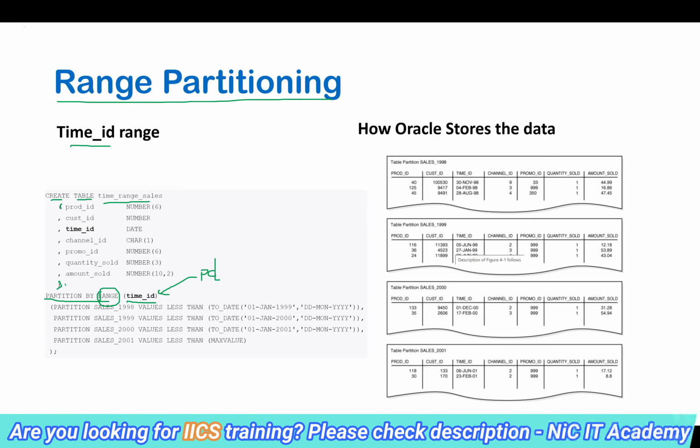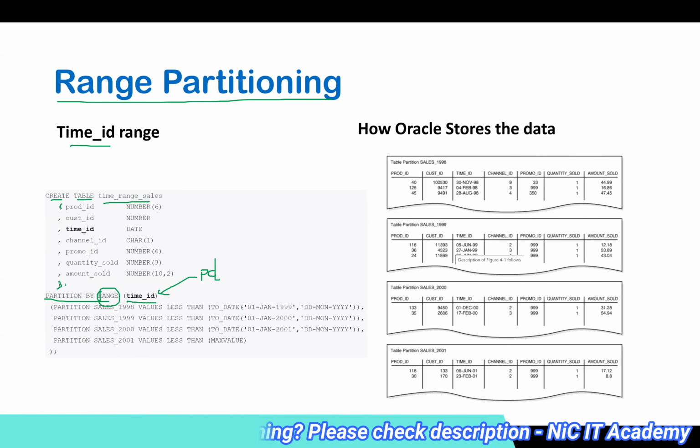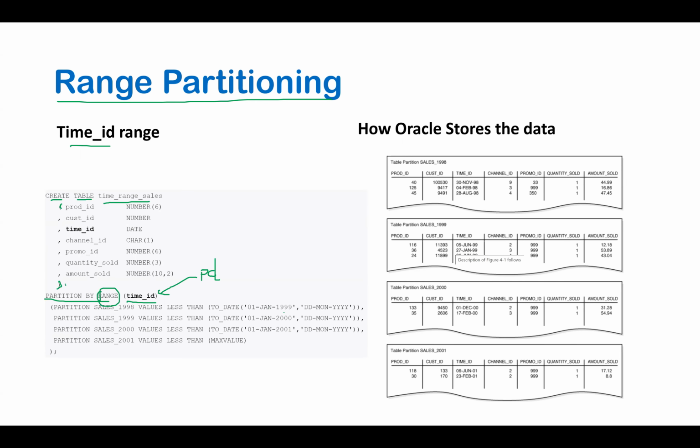How many partitions am I creating? As of now, 4 partitions. What is that? Less than 1999, sorry. That means up to 1998, we're going for one partition. Then less than 2000 is one partition. Less than 2001. So that means each year we are going for one partition, and for all the other values we are going for the maximum value partition.